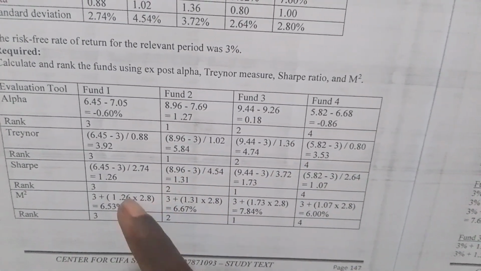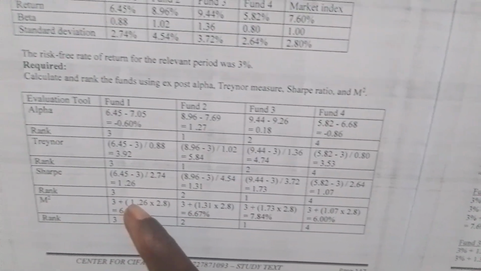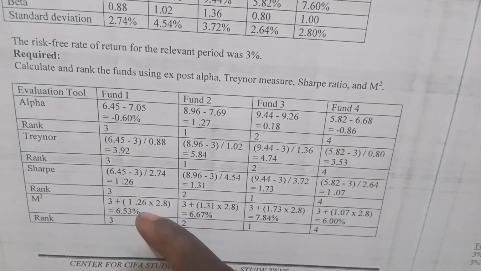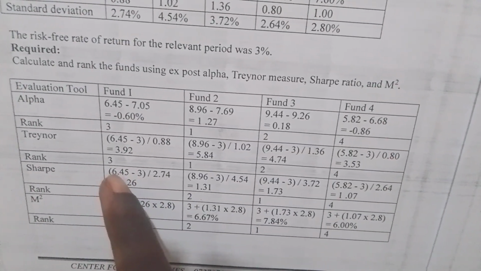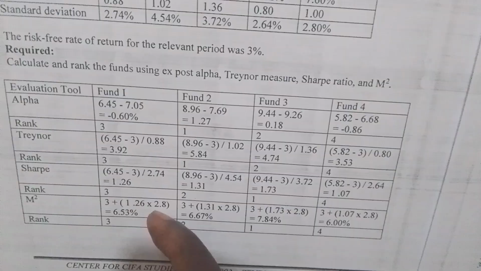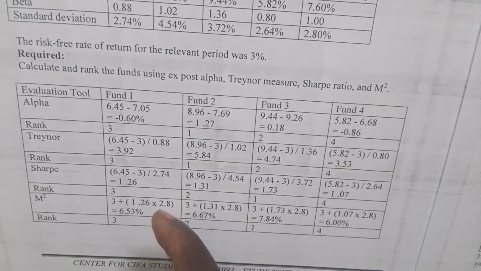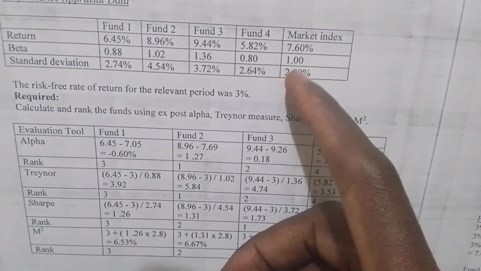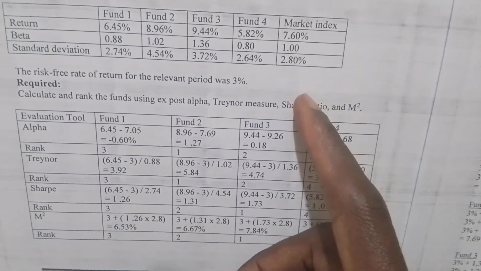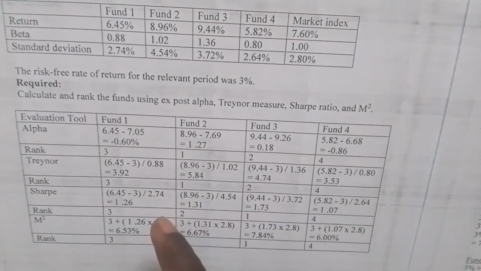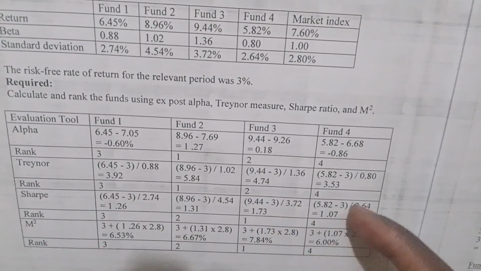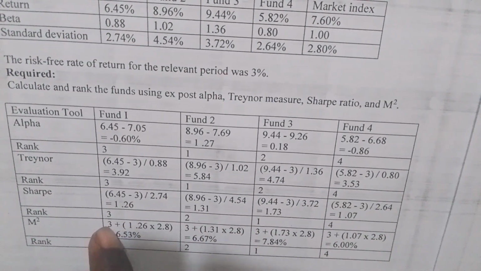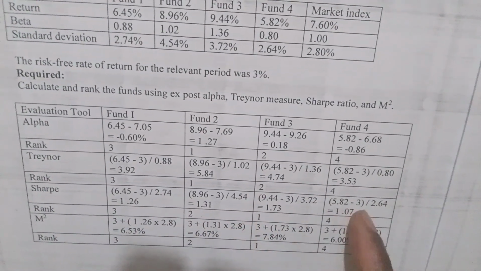For fund 1, you take the risk-free rate, which is 3%, plus, into brackets, Sharpe's, the one you have calculated here, 1.26, times the market standard deviation, which is 2.80. 2.8 is the same throughout because we are operating in the same market. So you can see you'll be taking risk-free rate 3%. 3% or 3 is just the same.